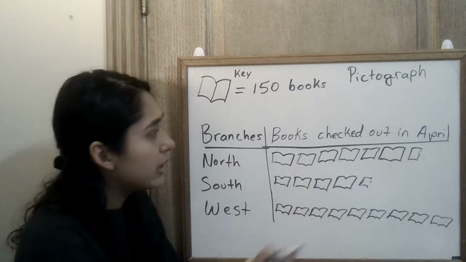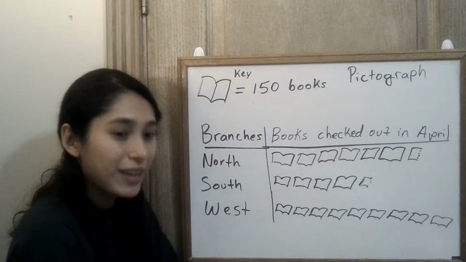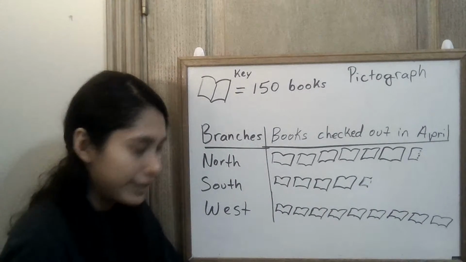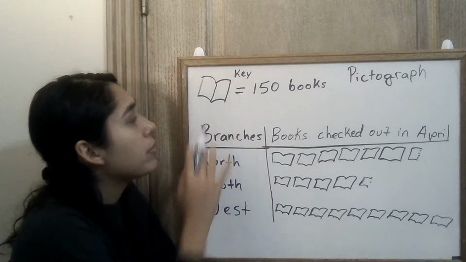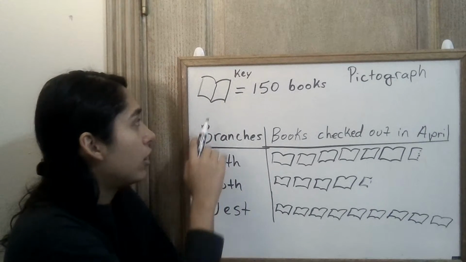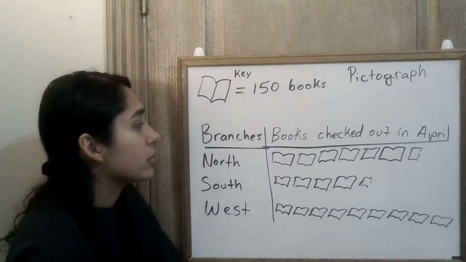So, okay, I got to lay down a pictograph, but let's say I want to see the raw numbers. That way I can do calculations. It's kind of hard to divide a book by a book. So we know that one picture of a book is equivalent to 250 books.